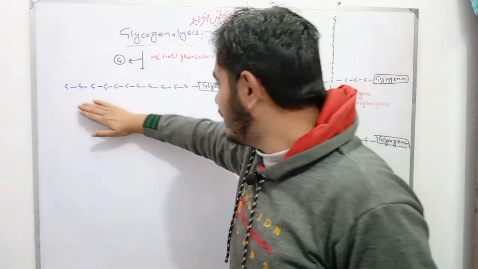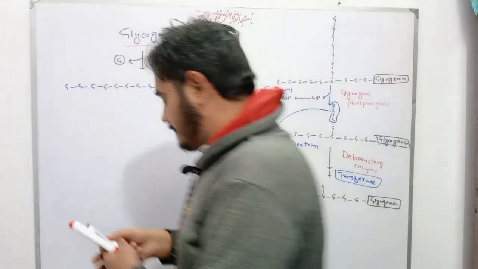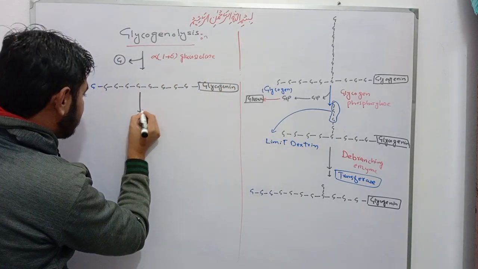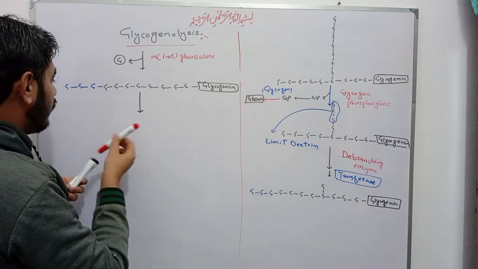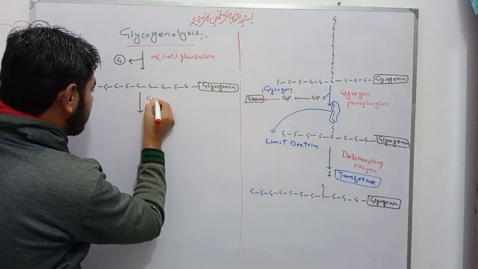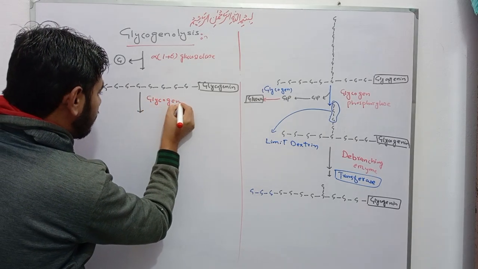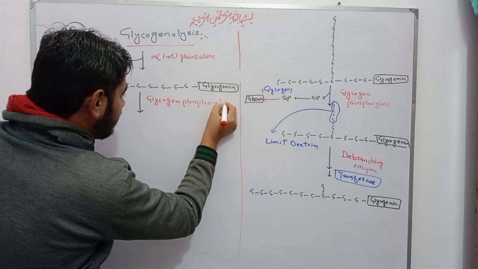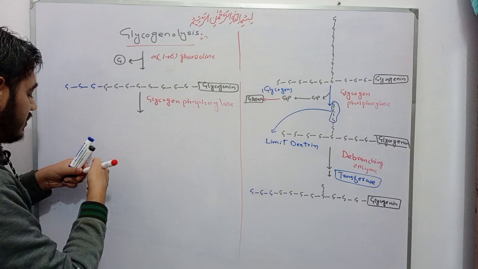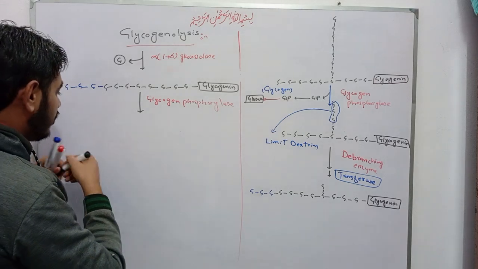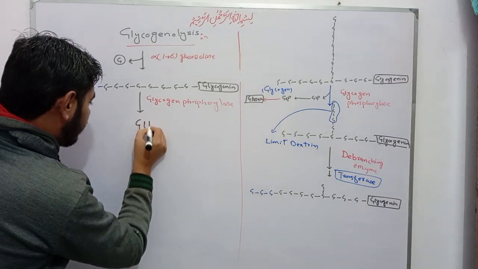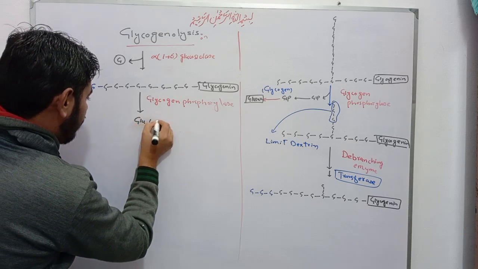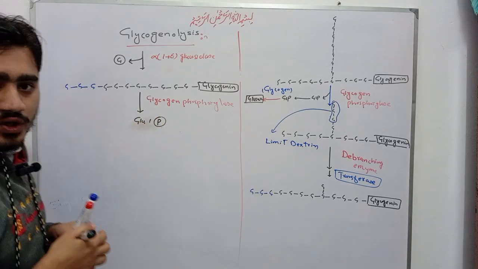We can say linear chain of glycogen. There is a function of an enzyme, that is glycogen phosphorylase, and it converts this linear chain of glycogen into glucose 1 phosphate. I'm writing glucose 1 phosphate.